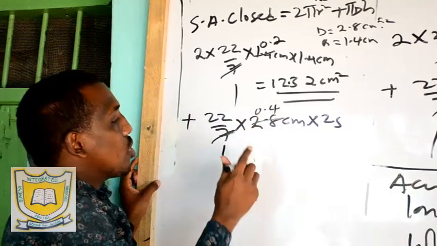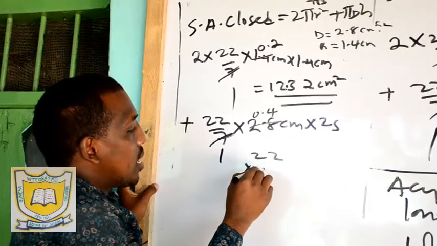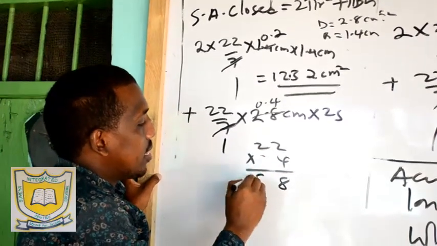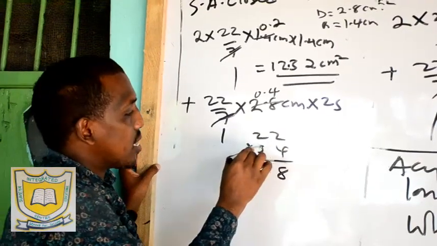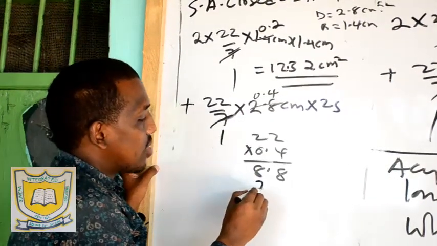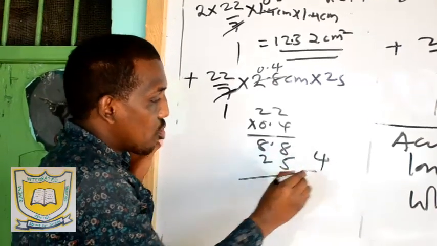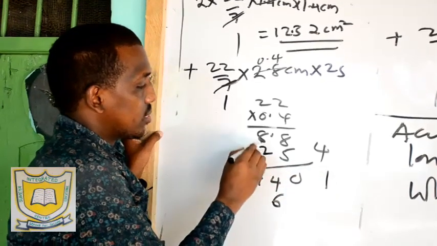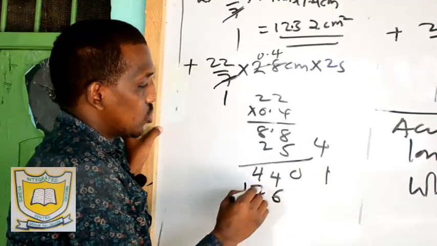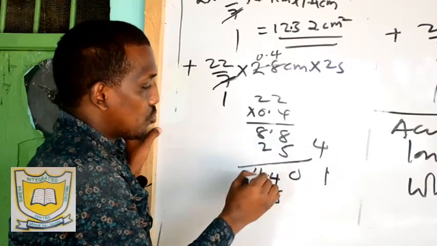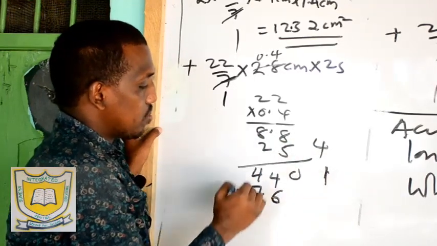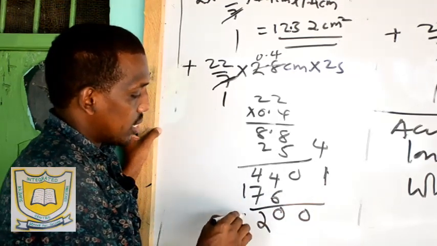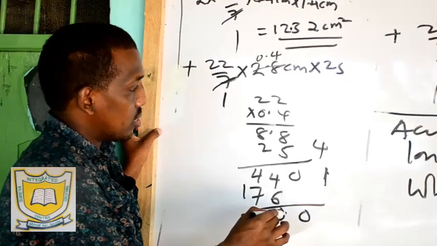So we multiply now. 22 times 0.4, you will get 8.8 after multiplying. Then times 25 now. 0, carry 4, 40, 44, 16, 6 carry 1, 16 plus 1 is 17, 0, 0, 11 plus 1 is 12, 2 carry 1, 22. The decimal point is 1.